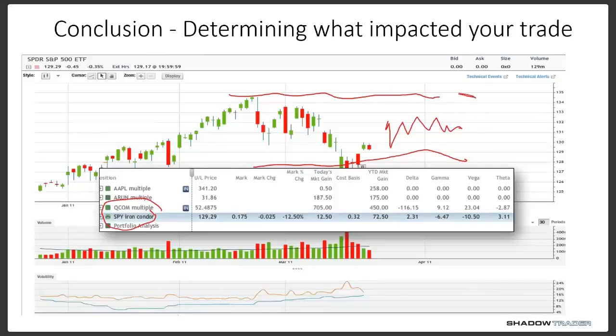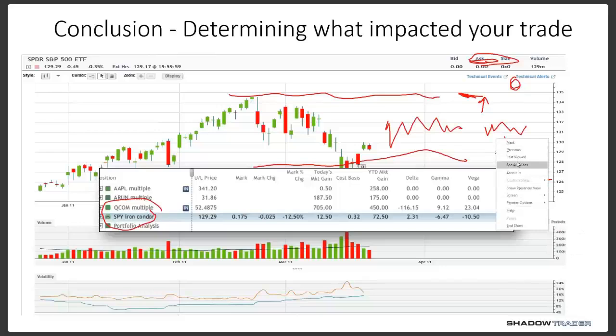I am short this option. I am long this option up here. I don't want it to go above this level. That's the bear call. Now, the bull put. I am short this put, and I'm long this put down here. I don't want it to go below this level. So I want it to stay within this range. I make money up here because this was done for credit. I make money down here because this was done for credit.